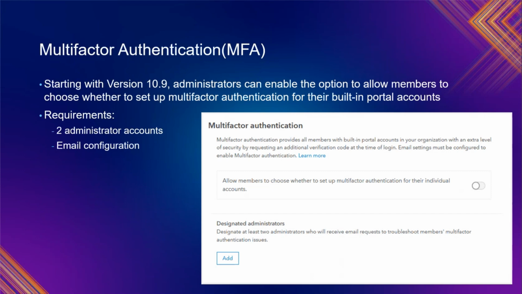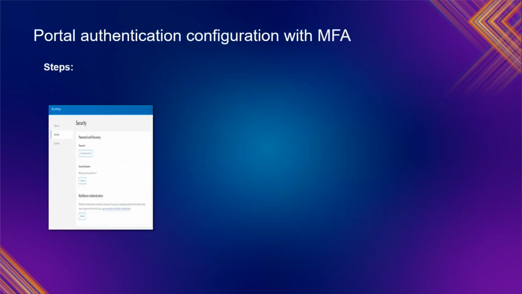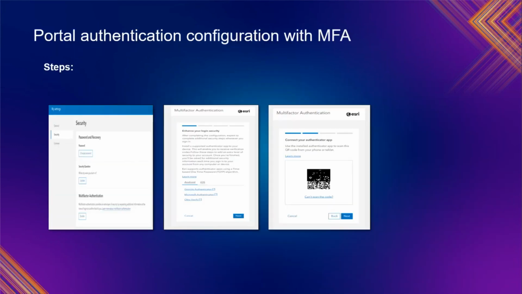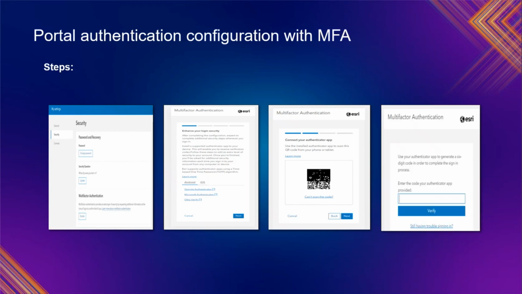The requirement is that you need to have two admin accounts and an email configuration. Once you enable it, when you sign in there will be an option to scan a code from any authenticator app on your mobile, and it will provide a key code. Whenever you log in, you need to enter that code. So when the user logs in, there's an additional level of security.